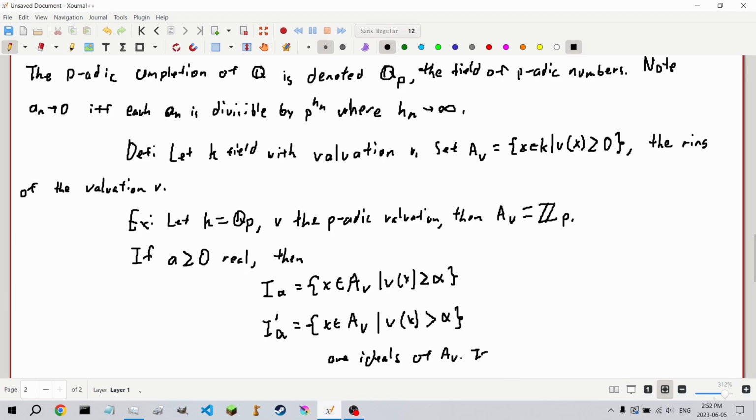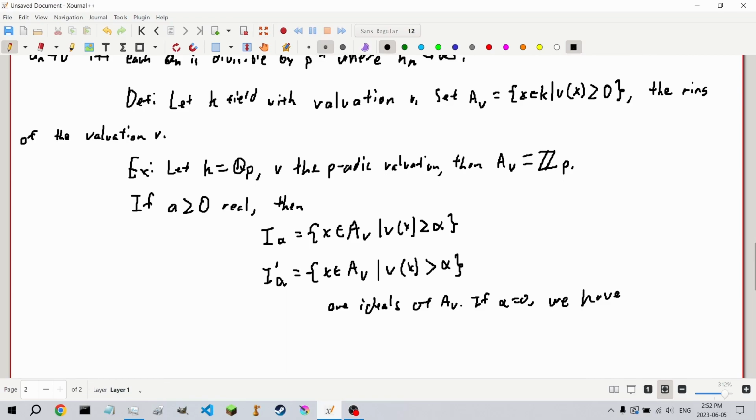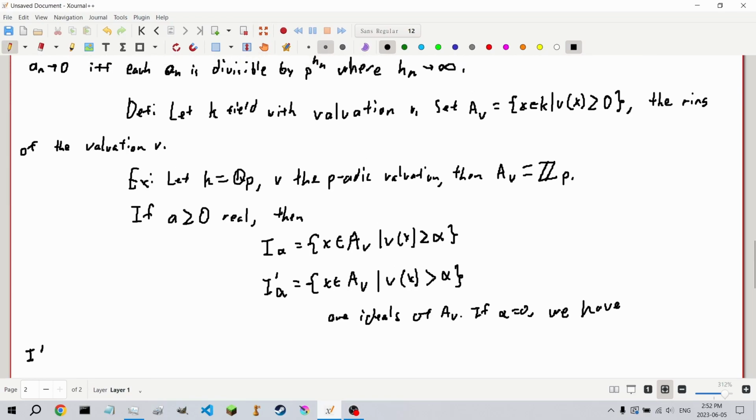In particular, if alpha is 0, then I_0 is just our A_V. But I prime of 0, we're going to write as M_V for a reason you'll see in a second. Working through our definition, it is the elements x in A_V with a strictly positive valuation.